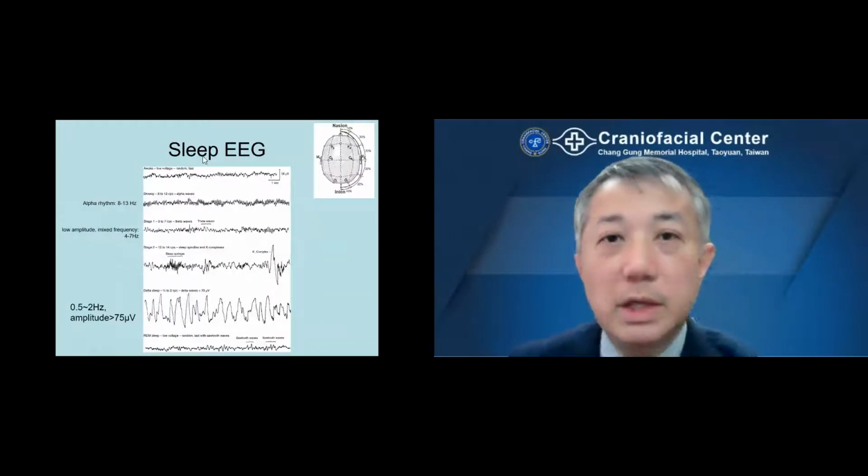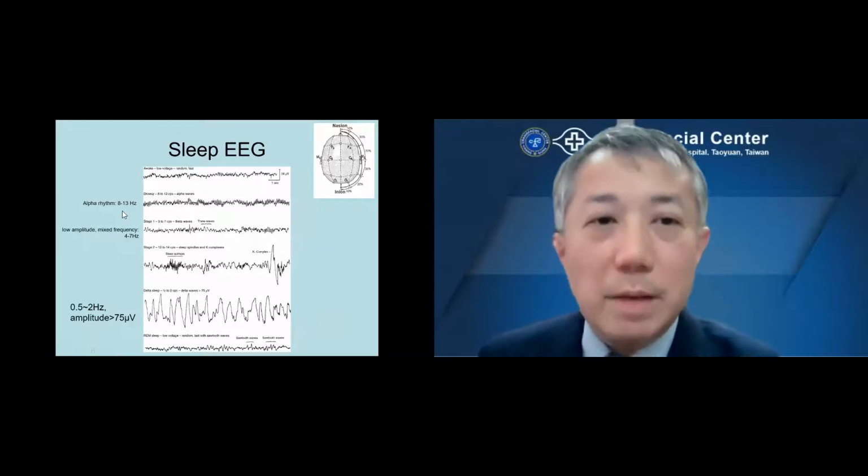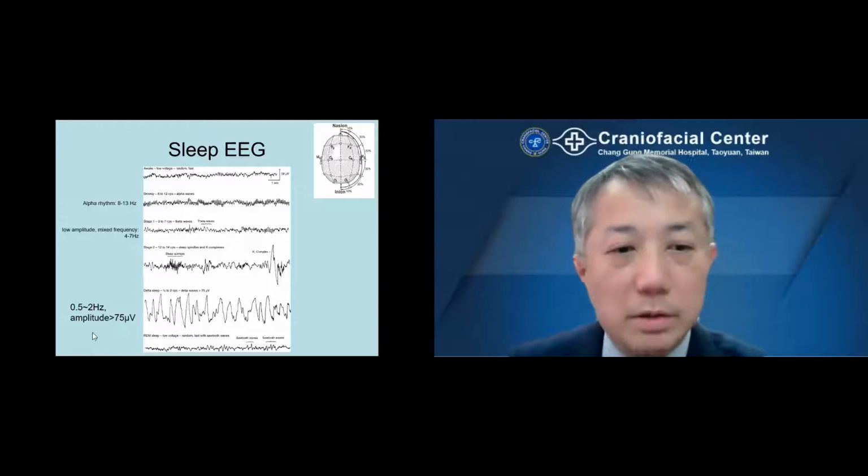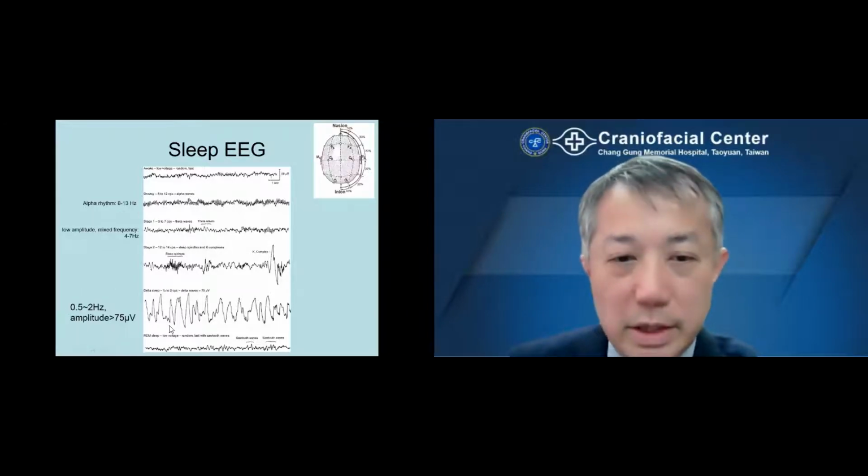So during the sleep, our brain wave becomes slower and slower, especially when we go to slow wave sleep. Sometimes in the slow wave sleep, you can see it's almost 1 second, one wave. And another special stage is the REM sleep.